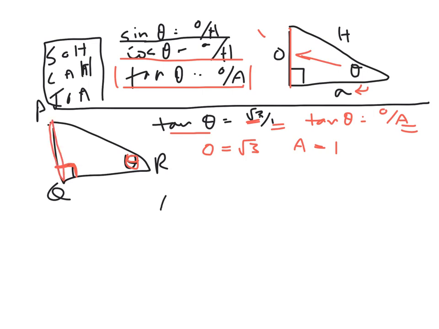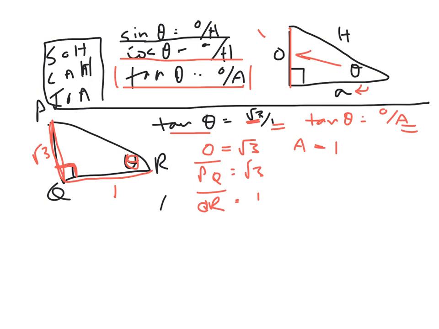Here's the opposite side, so that's root 3. Here's the adjacent side, so that's 1. So I know the length of PQ is root 3, and the length of QR is 1. They actually gave you the ratio right there.